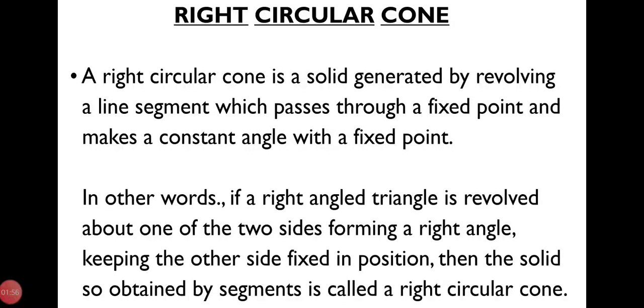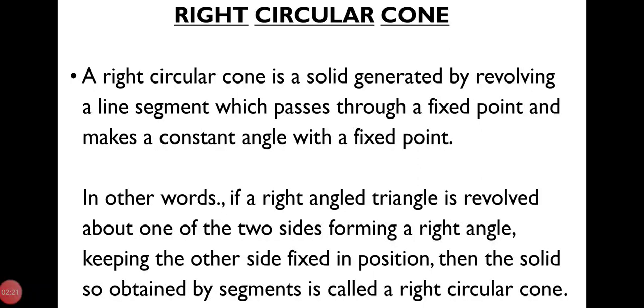In other words, if a right angle triangle is revolved about one of the two sides forming a right angle, keeping the other side fixed in position, then the solid so obtained is called a right circular cone. You can think in another way also, that suppose a right angle triangle.